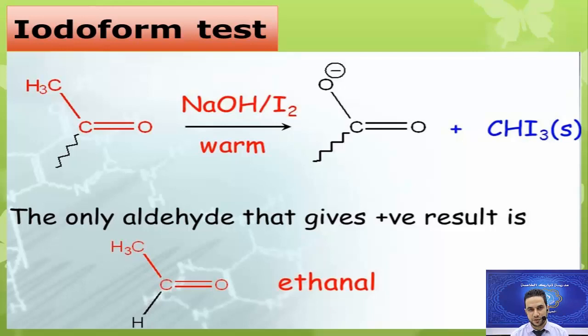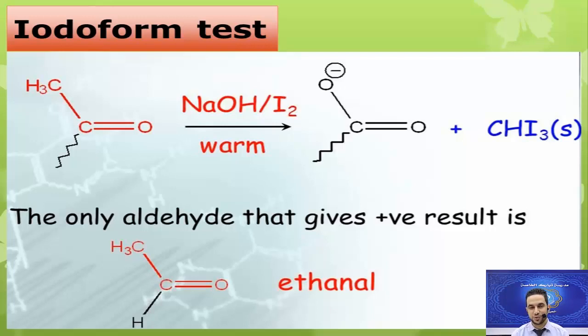When I ask you to explain why ethanal gives a positive result with iodoform, or forms a yellow precipitate when I add NaOH and I2, your answer will be: because it contains a methyl group CH3 bonded to CO. Or you can write: because it has the structure CH3 C double bond O. If this structure is present, it gives a positive test with the iodoform reaction.